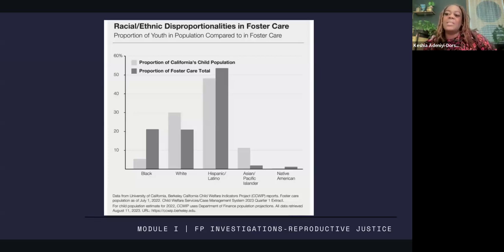This is data that's collected by credible institutions like UC Berkeley. I get the data from Health and Human Services, from the federal government itself, from AFCARS reports. And so, the numbers do not lie, right? So we can go to the next slide.